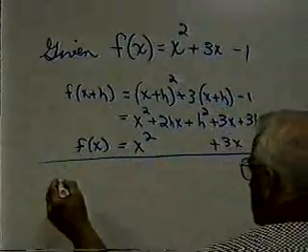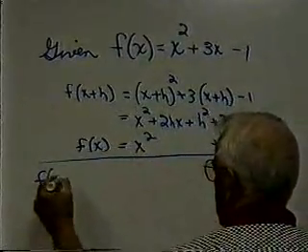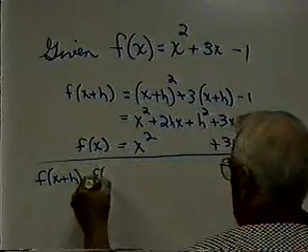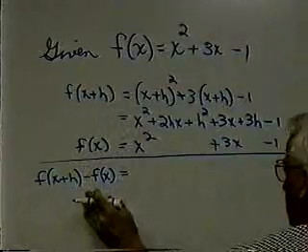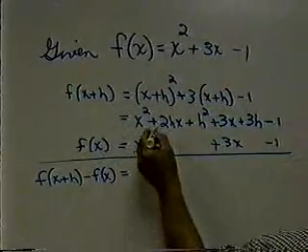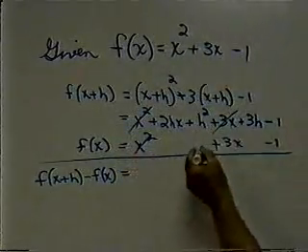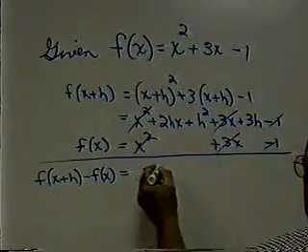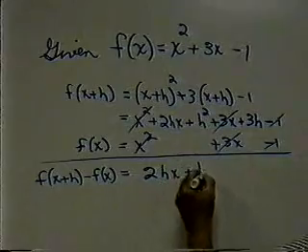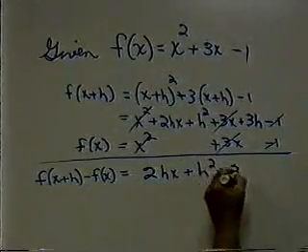And step two then is to come over here and subtract them. So if I subtract this from this, that's what I get on the left side. On the right side, that drops out, that drops out, that drops out, and we have left 2hx plus h squared plus 3h.